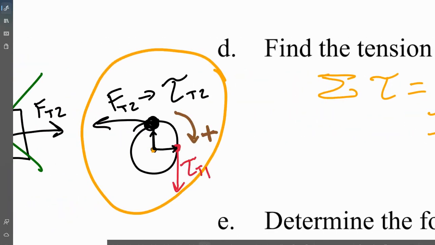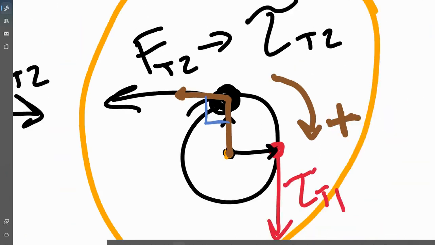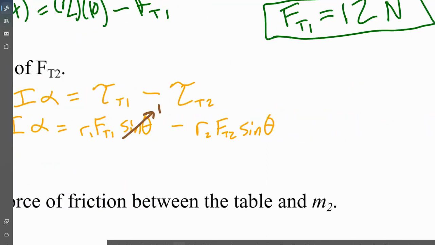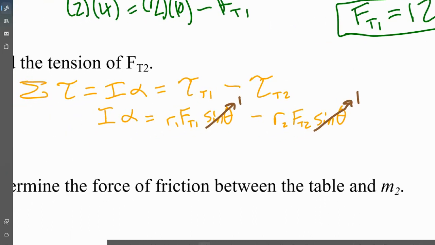How about for the other one? Well, we have a radius vector that goes up from the center to the point of contact, and then the force comes out from the point of contact. So if we look at that, we get another 90-degree angle. And sine of 90 degrees equals 1. So what will this sine of theta turn into? Turns into 1. Okay.